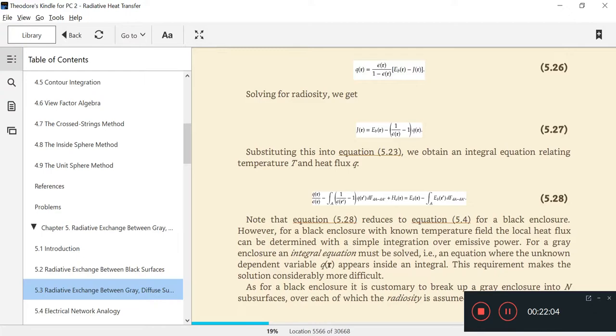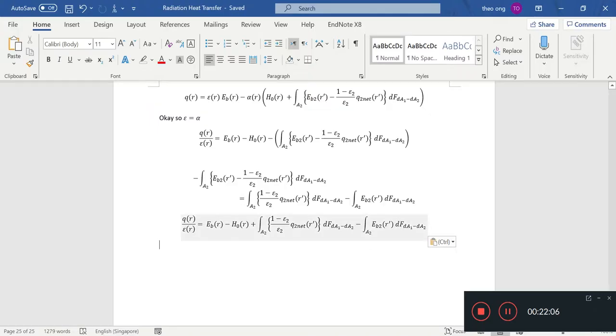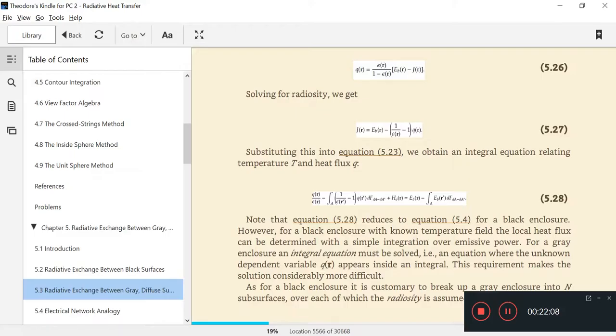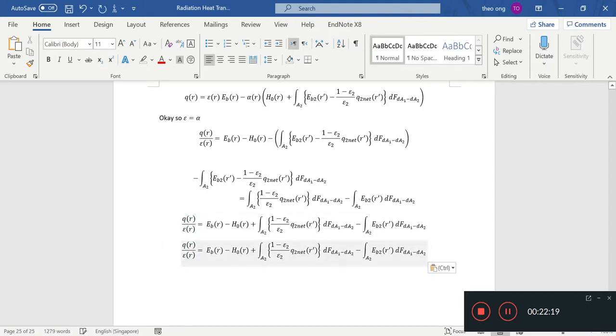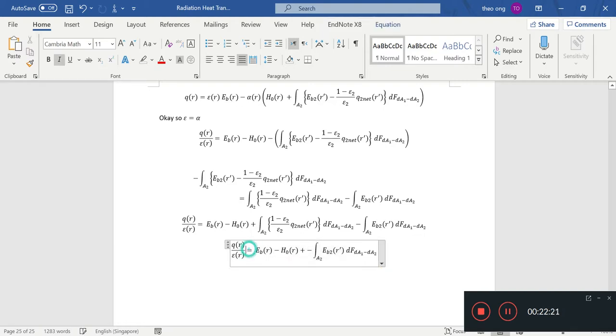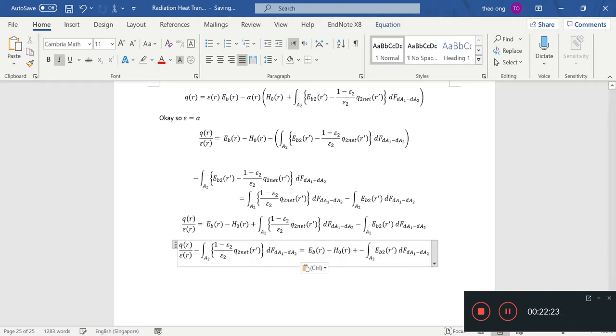In the textbook we shift this term, oh no, sorry, we shift this term and the h term to the left side. So we'll just do that. The derivation is rather lengthy.